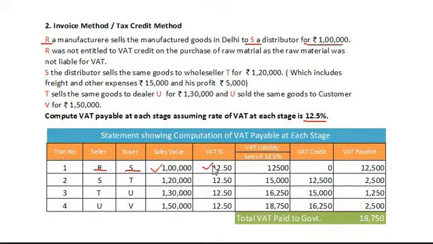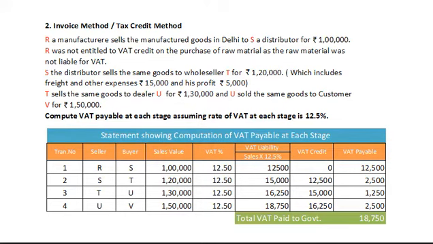So gross VAT payable amounts to 12,500, that is 1 lakh multiplied by 12.5%. The raw material purchase was not liable for VAT credit, so there will be no credit available to the seller R. So VAT credit is 0. So finally VAT payable 12,500 minus VAT credit 0 is equal to 12,500.